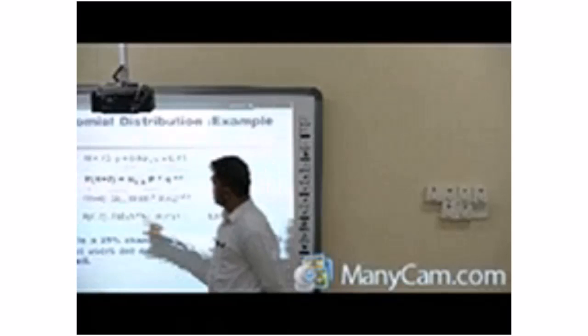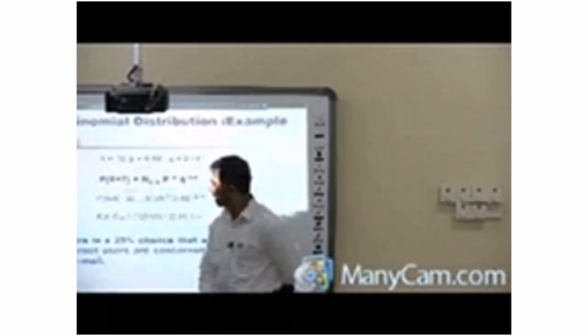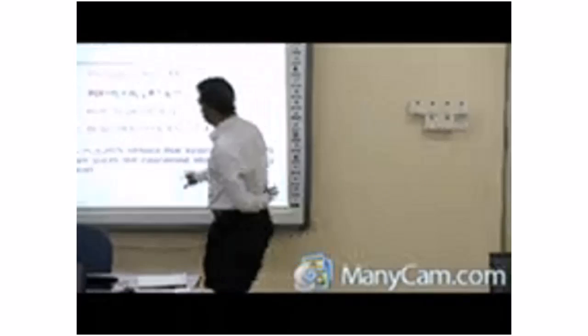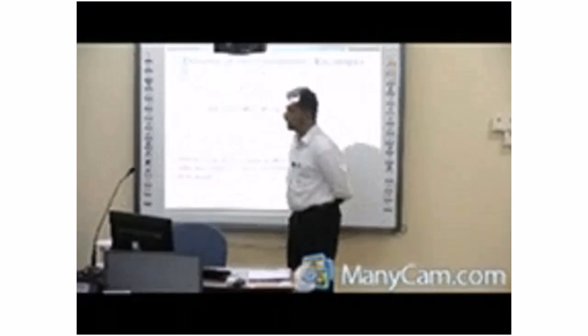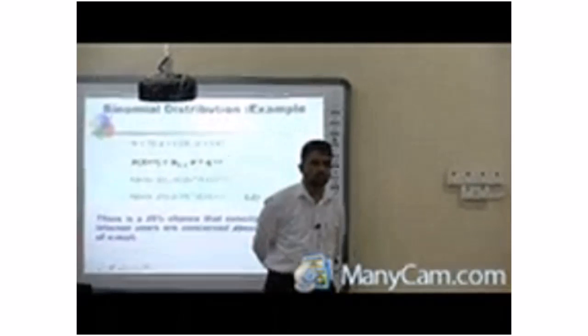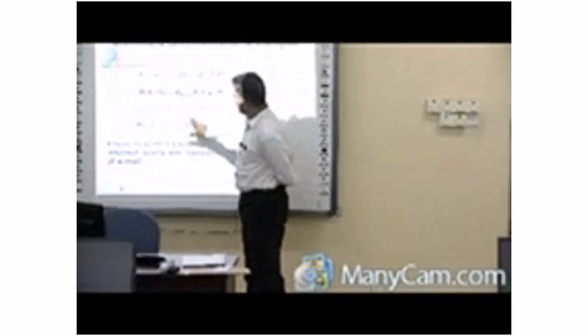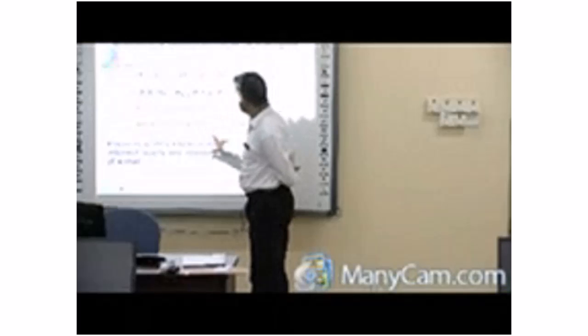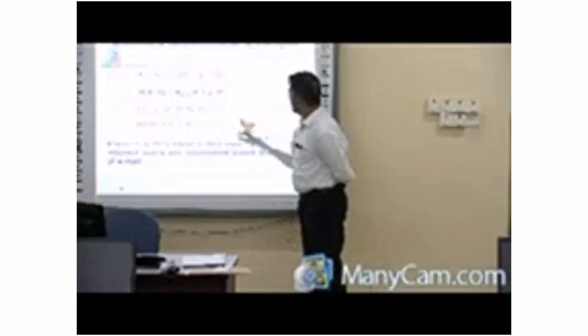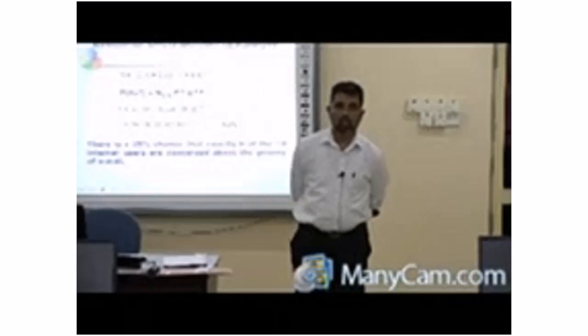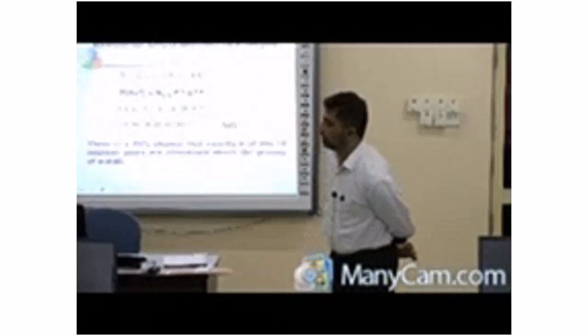Then you can take the direct answer from your calculator, 10C6. This answer should be 210, right? Further you can solve this, and 10 minus 6 means 4, no? Then ultimately you can see a 25% chance, or probability, right?